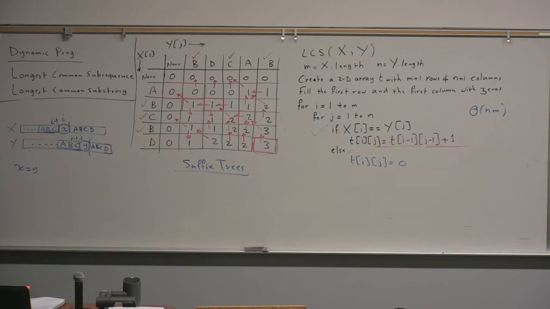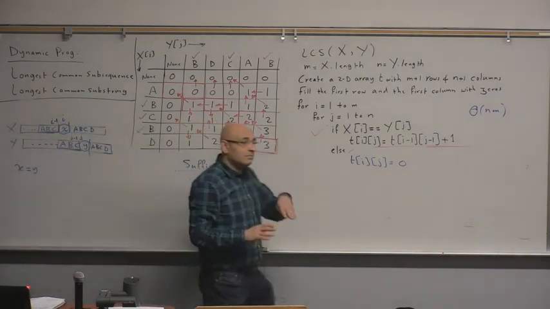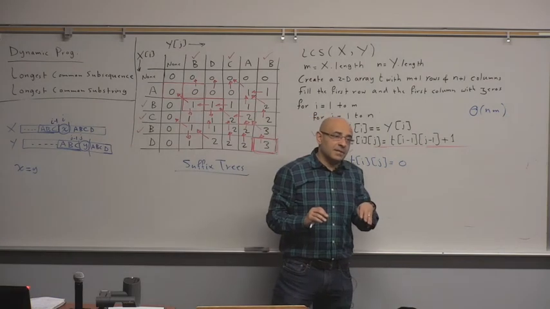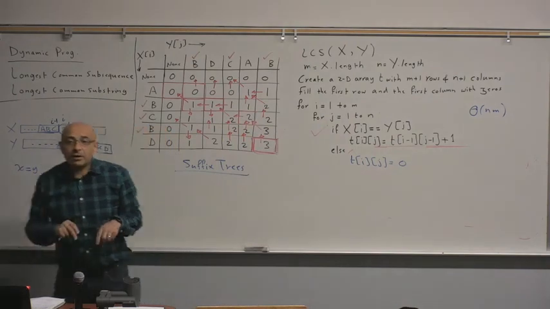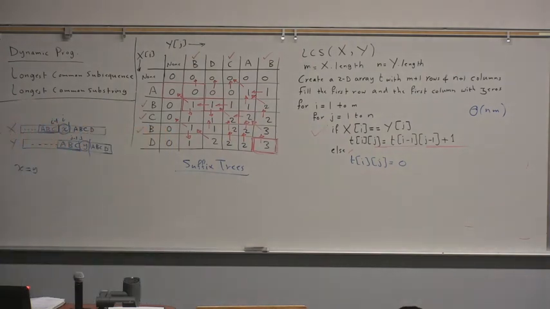What does the 0 mean? It means that when I hit two characters that are not the same, I will have to start constructing a new longest common substring. I cannot build on the previous longest common substring because the string must be contiguous.